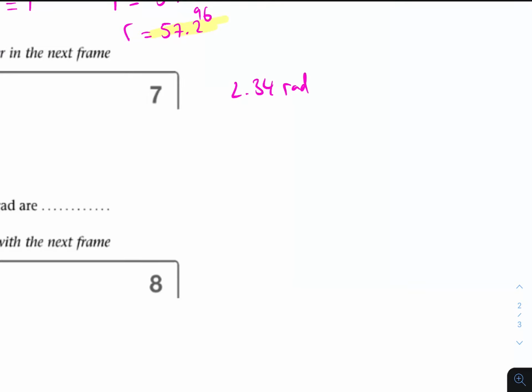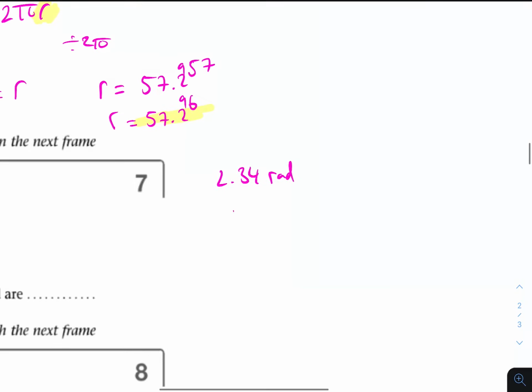2.34 radians. So 1 radian is equal to 57.296, right? And it's also equal to 180 over pi, because it's also equal to 360 over 2 pi.